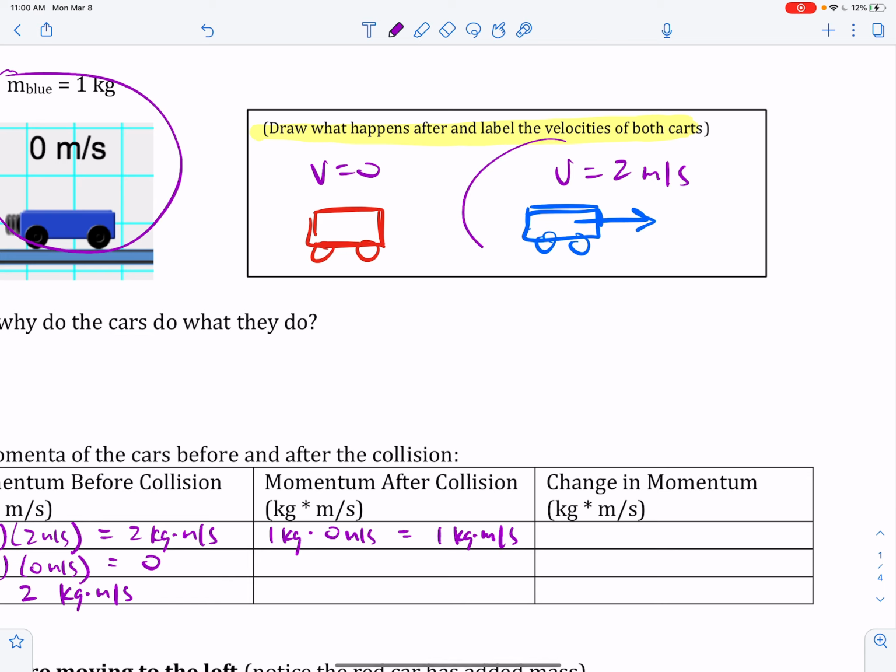And then the blue car here has a mass of 1 kilogram, but moving at 2 meters per second. And my bad, folks. Math error here, right? 1 times 0 is 0. And so if I add them up, I get a total of 2.